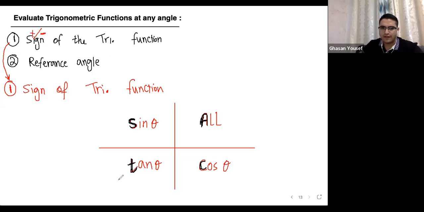All Students Take Calculus. Just to help you memorize this table.